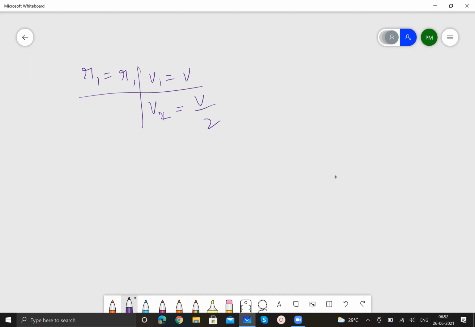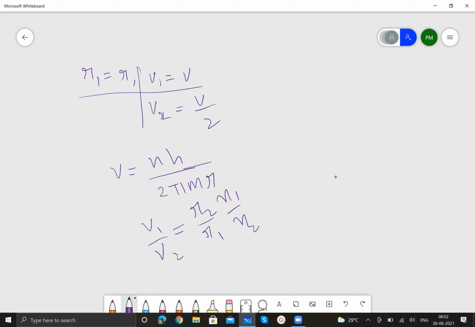Means we have the formula V is equal to nh by 2 pi mr. So V1 by V2 is R2 by R1 into N1 by N2.